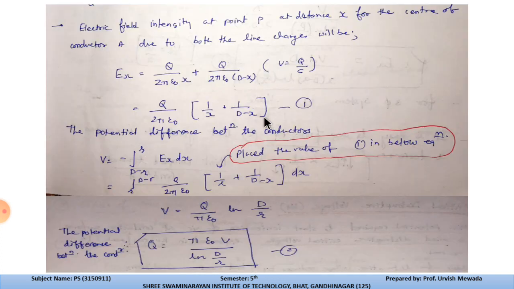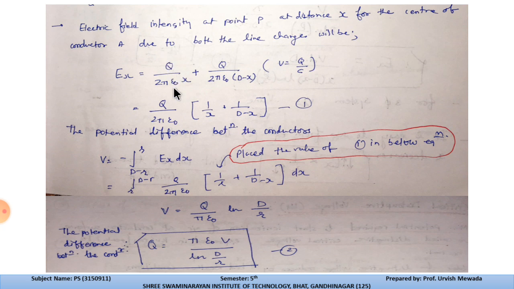Now the electric field intensity. As we know, V is equal to Q by C, and we can write V is equal to E into C, where the permittivity term is 2 pi epsilon 0 and this is the distance.